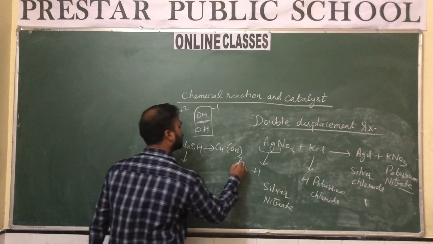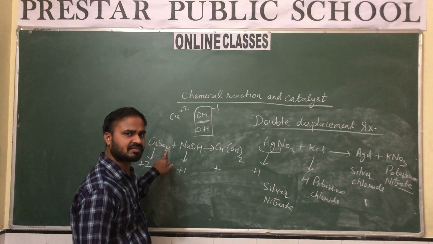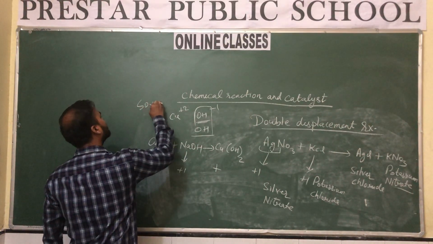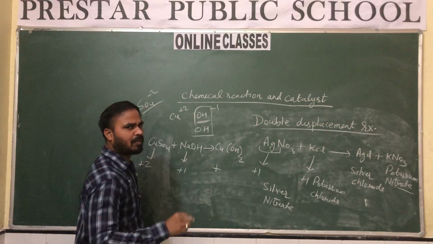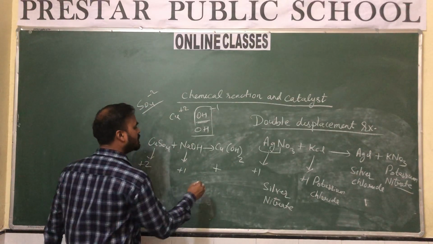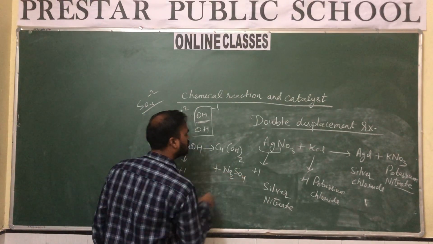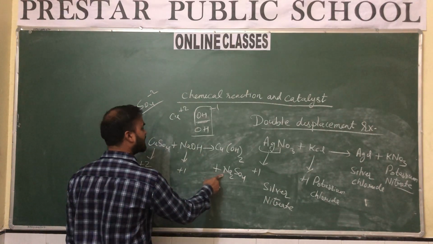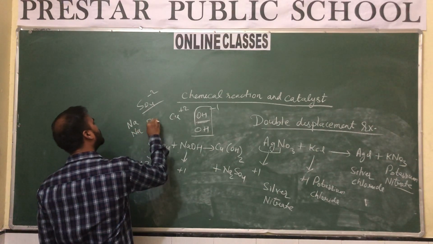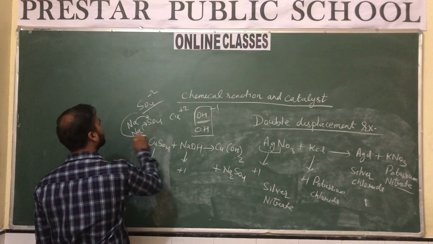Plus what will form? Na and SO4 remain. The valency of SO4 is -2, as I have explained many times, and Na is +1. So Na2SO4 will form, because each Na gives one, making a stable substance.